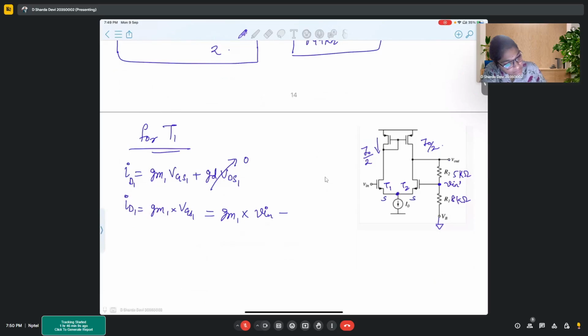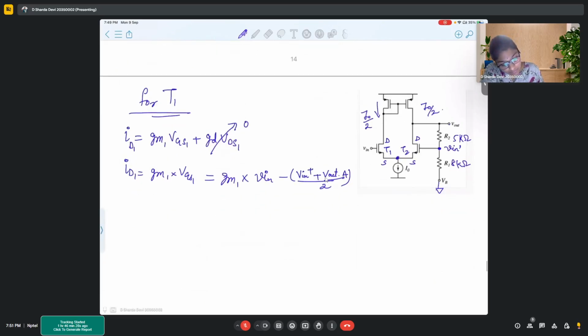This is the source and this is the drain. So it is Vn minus Vn plus Vout into A, whole by 2.